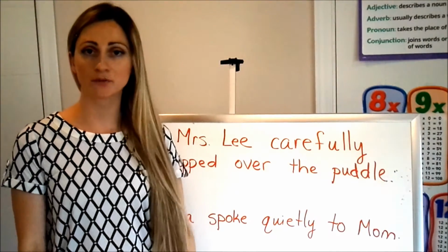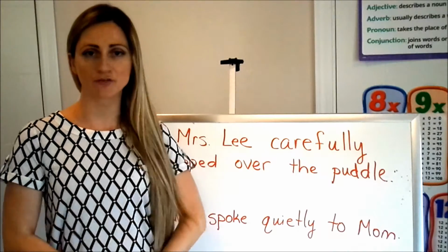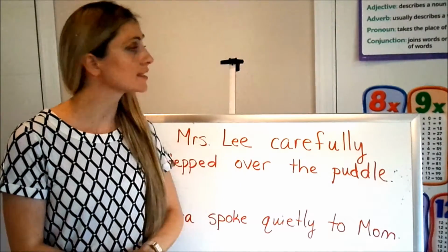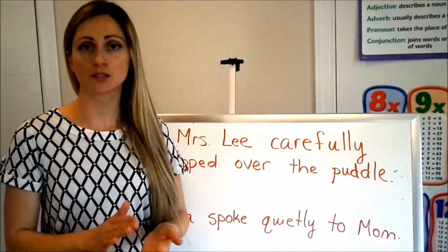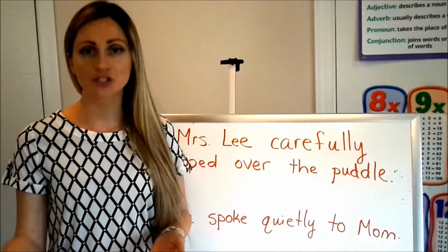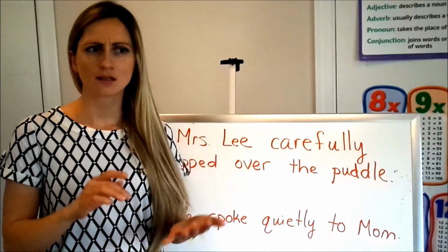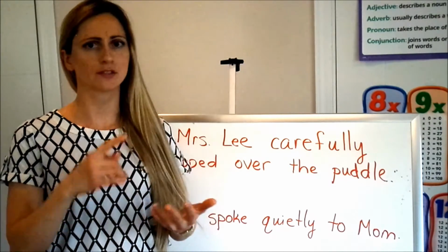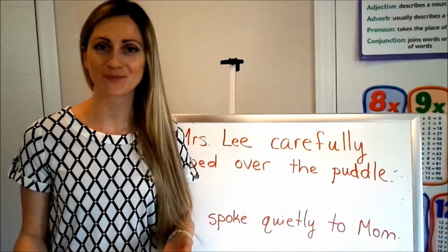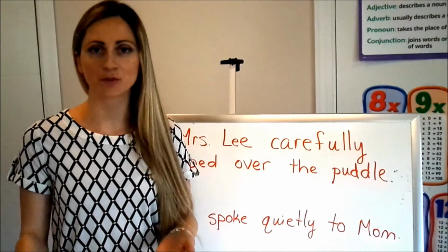Okay, so today we're going to learn something called adverbs. If you can see on that chart over there, it says an adverb is a word that usually describes a verb. Well, that's really easy. An adverb describes a verb. Something added to a verb. Very good.